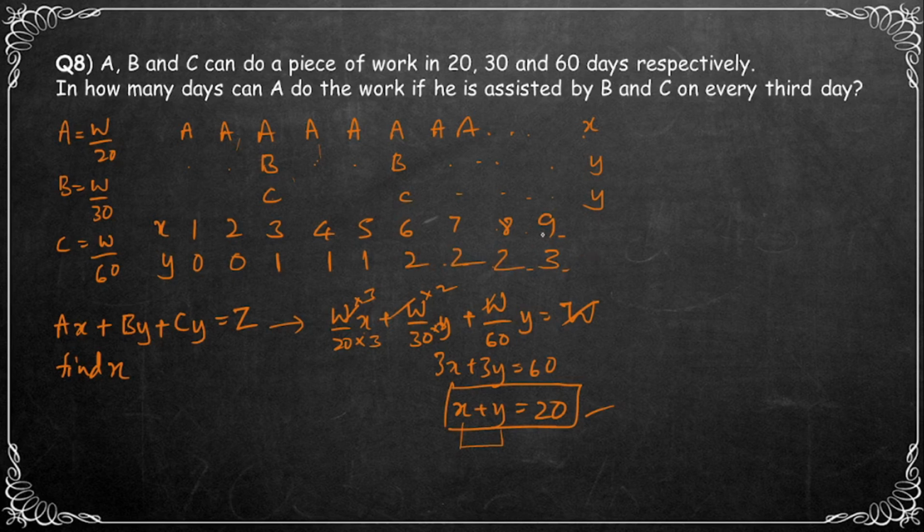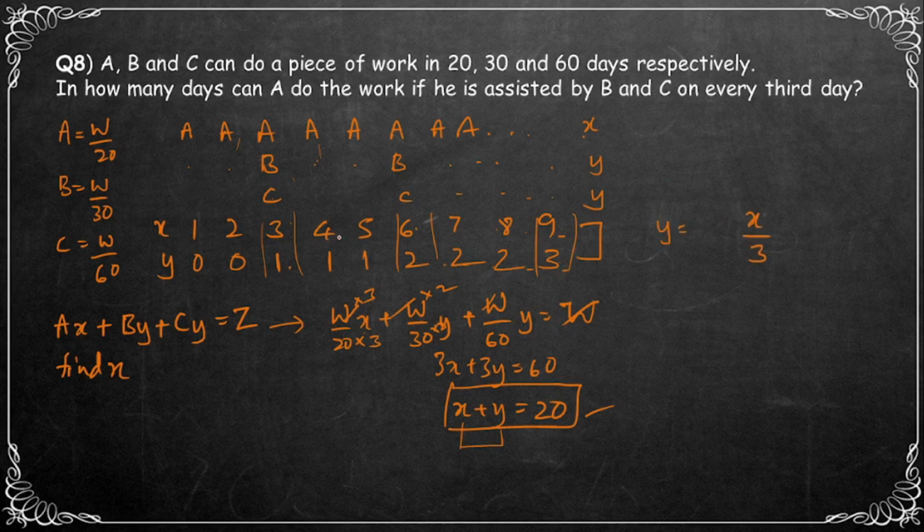So how do we relate these two? If we consider only the points where the number changes, x divided by 3 gives y. So 6 divided by 3 is 2, 9 divided by 3 is 3. So y is equal to x divided by 3.